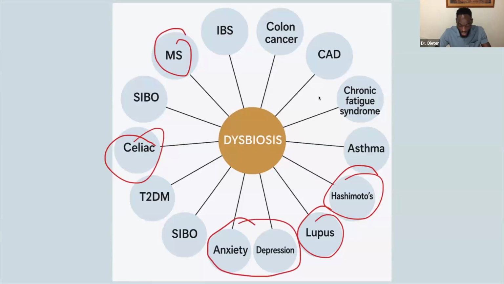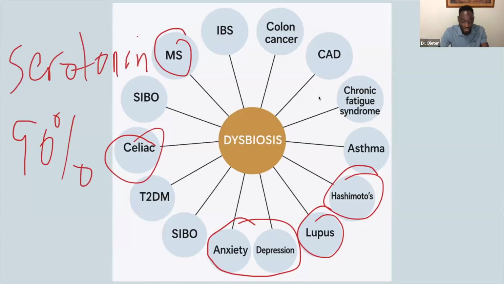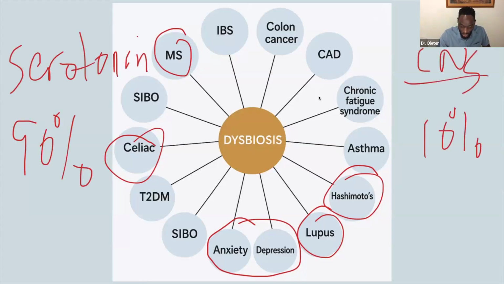I was surprised when I learned about this myself, after understanding that 90% of the hormone or neurotransmitter serotonin is produced in the gut. It then made sense why people who have dysbiosis have depression. The other 10% of serotonin is produced in the central nervous system.